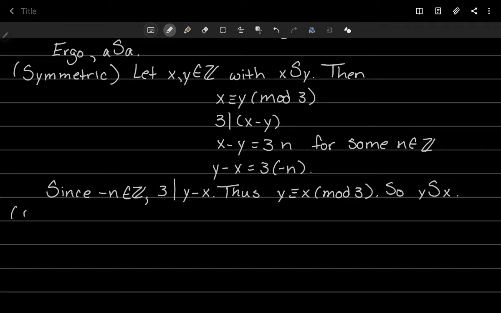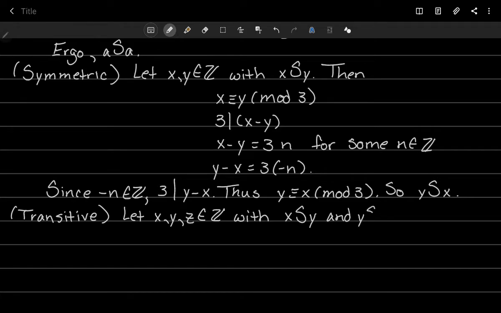Okay, let's see if I can do transitive without a silly mistake. Transitive. So here, I need to let x, y, and z be integers with x related to y and y related to z. Then x is congruent to y mod 3 and y is congruent to z mod 3.